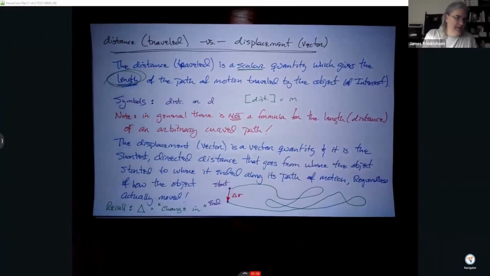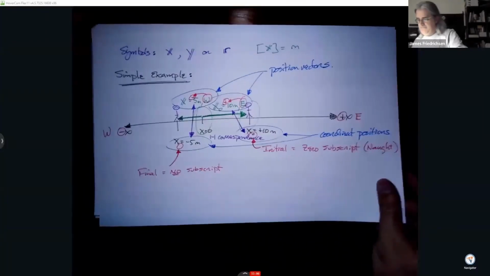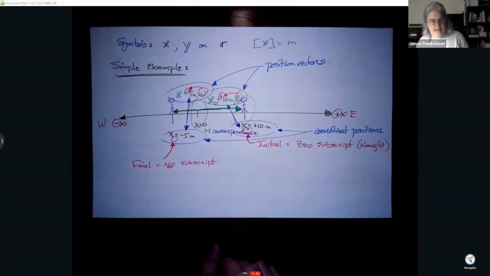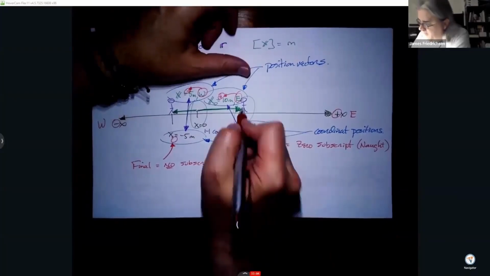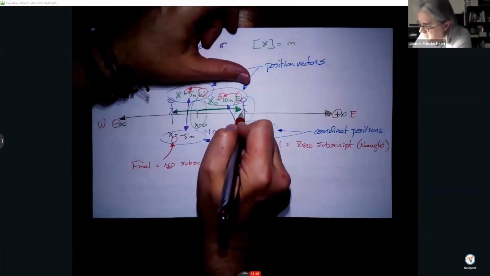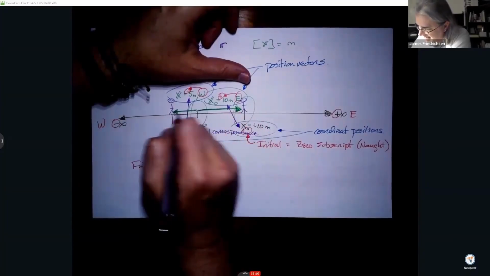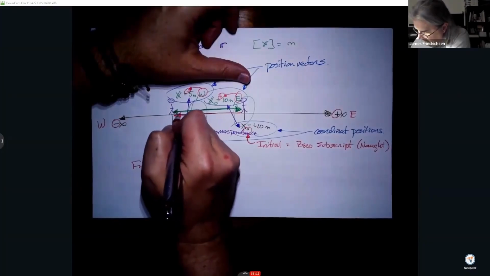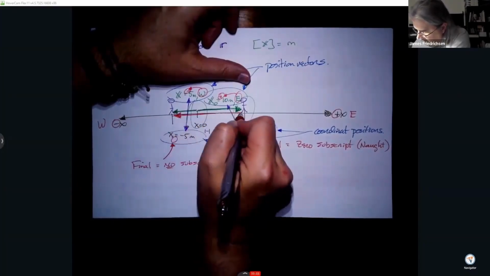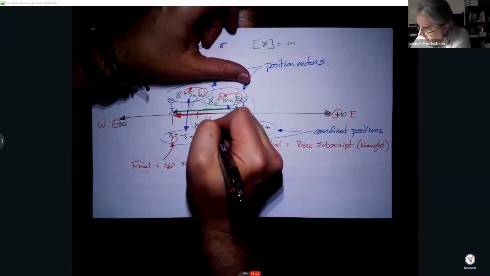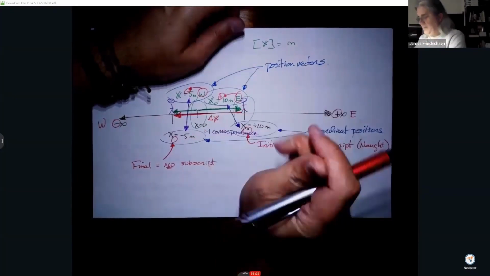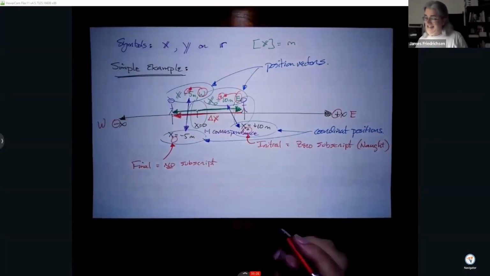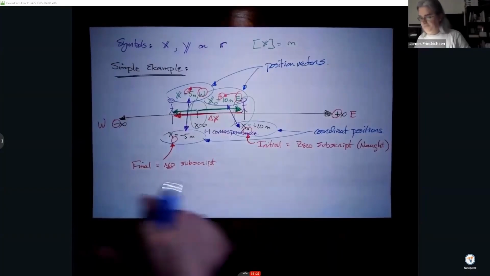Okay. And that's an interesting thing to take a look at, because if we're back here, then we would go from where the person initially started to where they ended, and we could calculate that displacement vector.